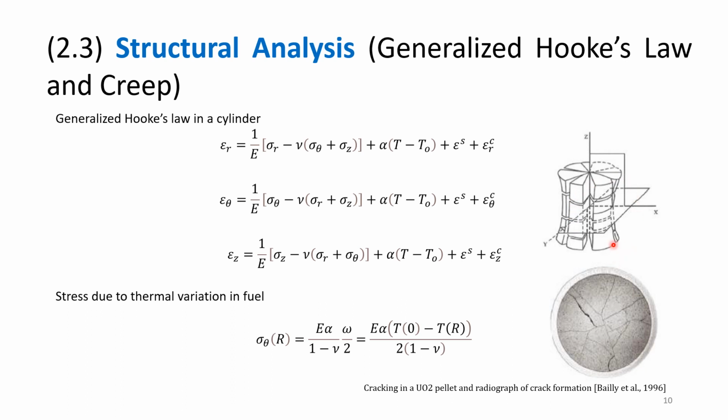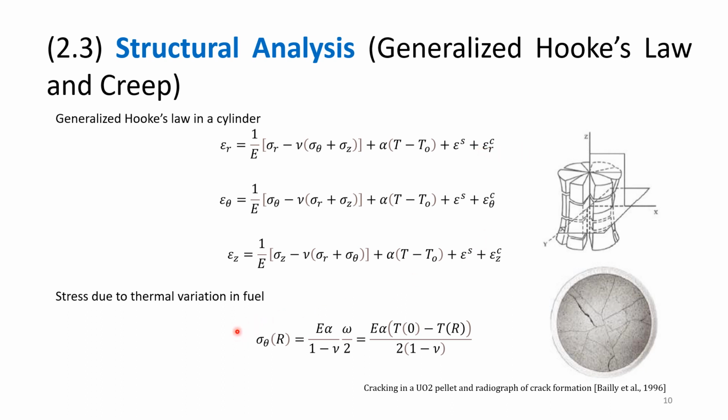It's changed its shape due to high temperatures and high thermal loading, of course, on the fuel element. So the stresses are the principal stresses, the Poisson ratio. This is for a cylinder, R theta Z. Here's the thermal expansion, and here's the swelling and creep terms.